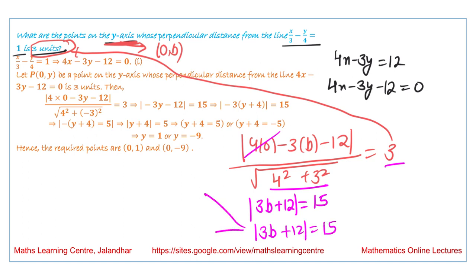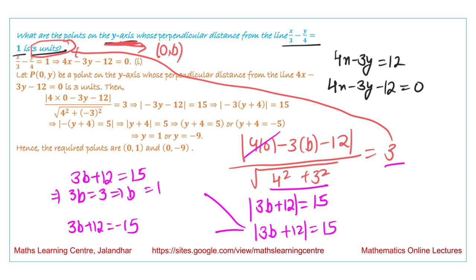This implies two cases: 3b plus 12 is equal to 15 or 3b plus 12 is equal to minus 15. So 3b is equal to 3, so b is equal to 1. Or 3b is equal to minus 27, so b is equal to minus 9.